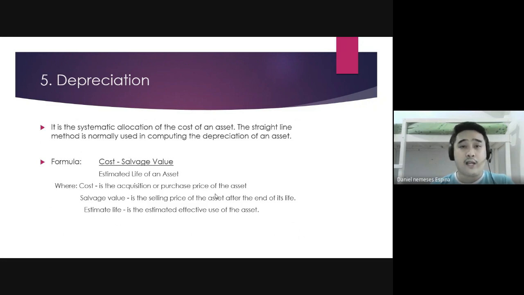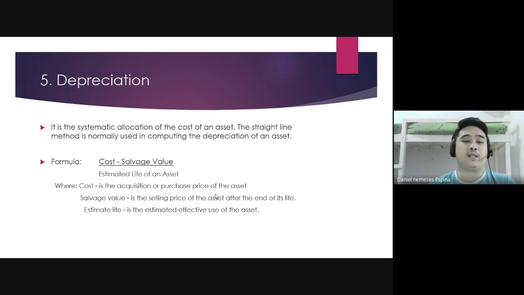When you say salvage value, it refers to the value nga pwede nimo siya ibaligya paghuman sa iyang estimated life. For example, if it's 10 years, what would be the value of this asset after 10 years? Or at how much can I sell the asset after 10 years? That is the salvage value.